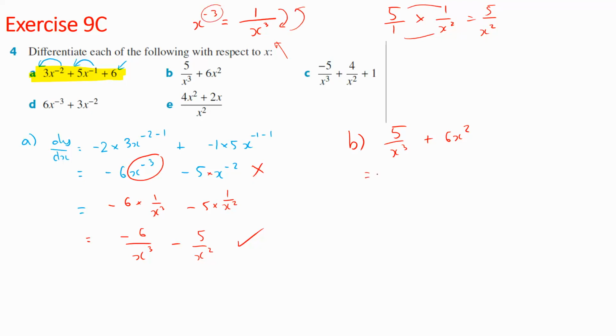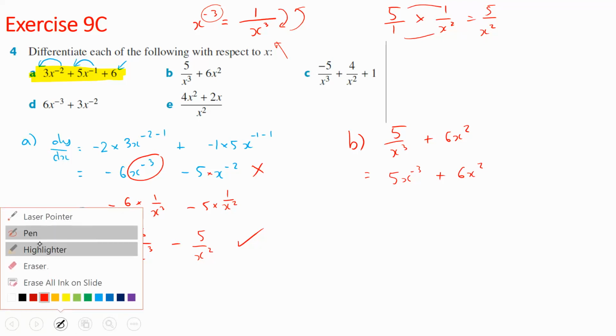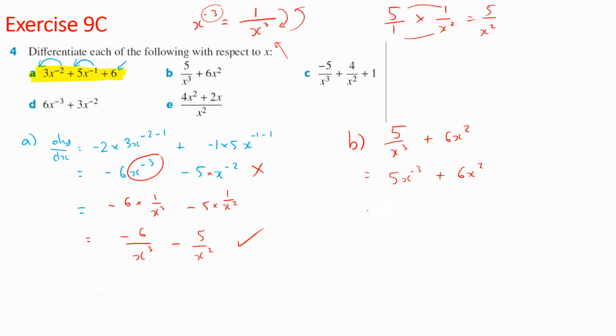So another way of writing this is, you can write it as 5x to the power of negative 3 plus 6x squared. Okay? And then you can say, all right, well then the derivative must be dy dx. Bring down the power, negative 3 times 5x to the power of negative 3 minus 1.